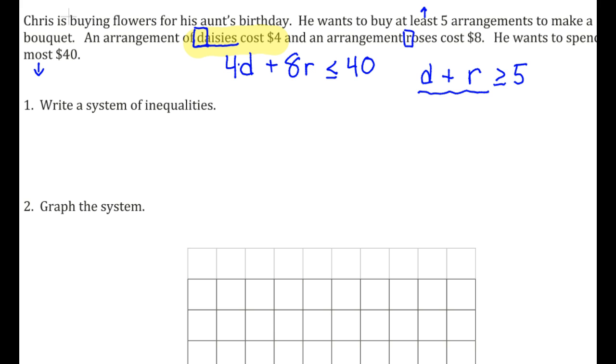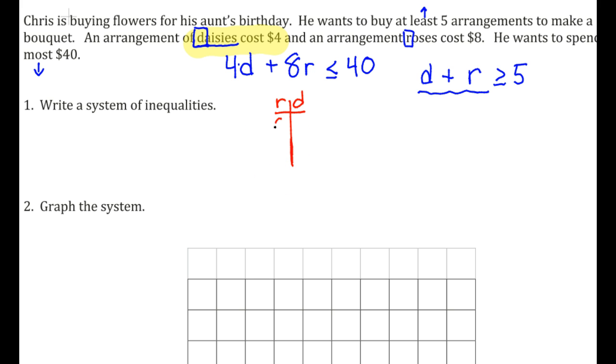And then when you go ahead and graph these, there's lots of different ways. You can solve for a variable and use slope y-intercept. You can use intercepts, which is what I recommend. Intercepts, whenever you have standard form, intercepts are usually pretty easy. Okay? So I have roses and daisies.